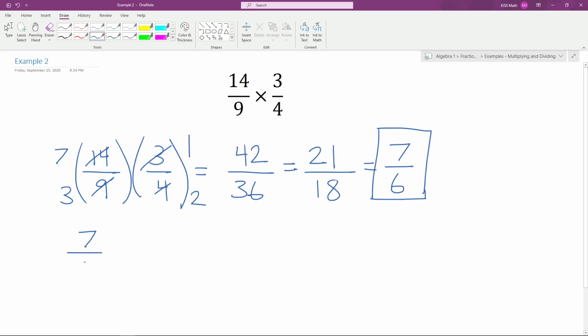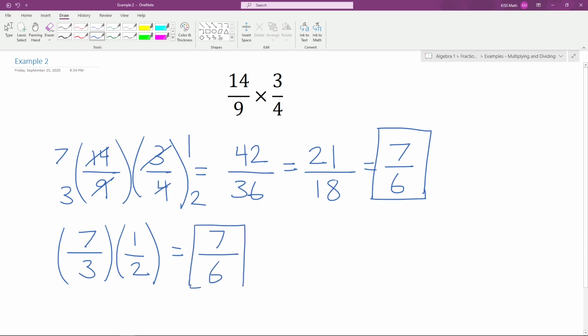So I get 7 over 3 times 1 over 2. And now if I do my multiplication, I get 7 times 1, which is 7, divided by 3 times 2, which is 6. And you can see we got to the same answer, but since I simplified up front, I didn't have to reduce later.